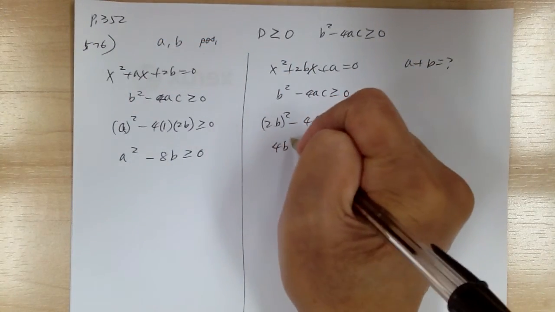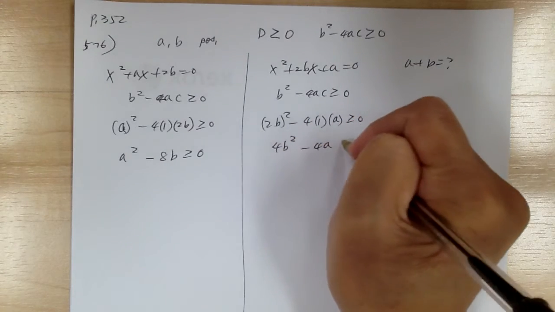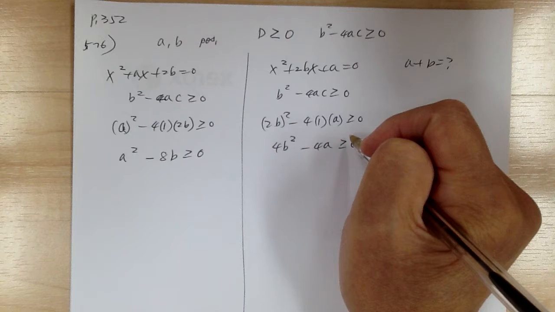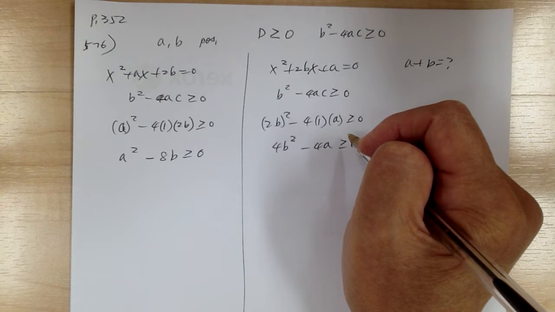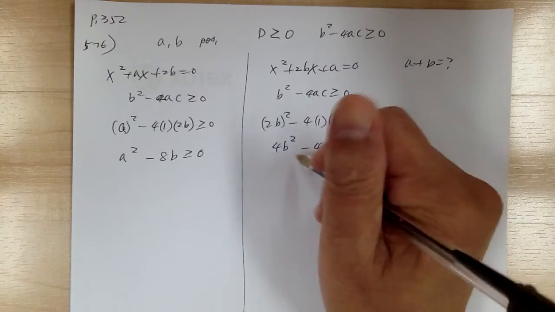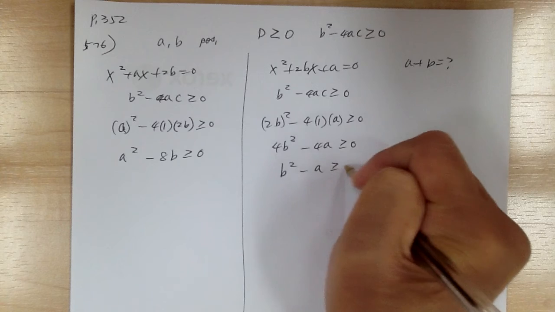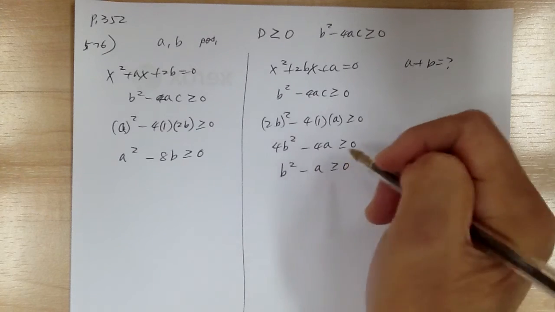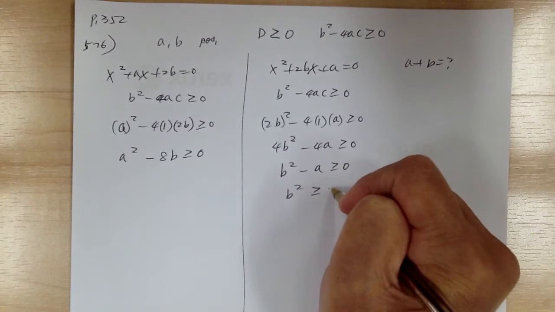So 4b squared minus 4a is greater than or equal to 0. Divide by 4 to get rid of the number. So b squared minus a is greater than or equal to 0. Move the a to that side, so b squared is greater than or equal to a.